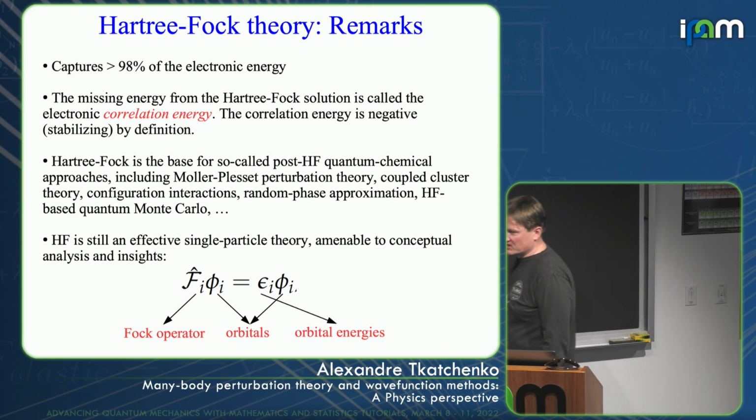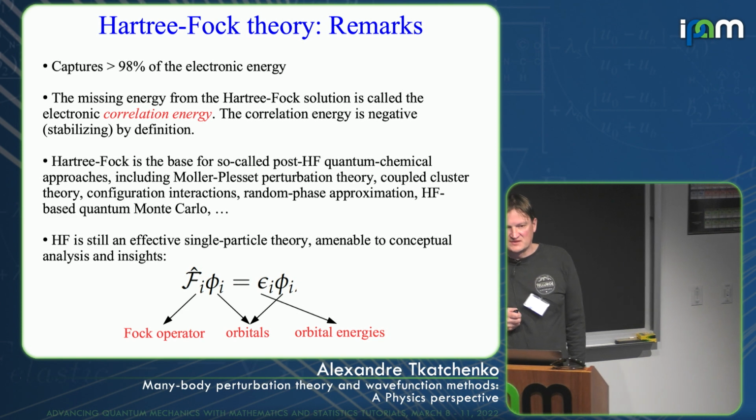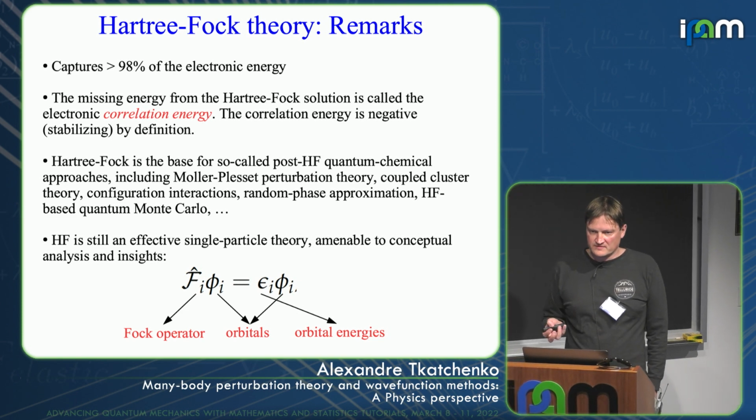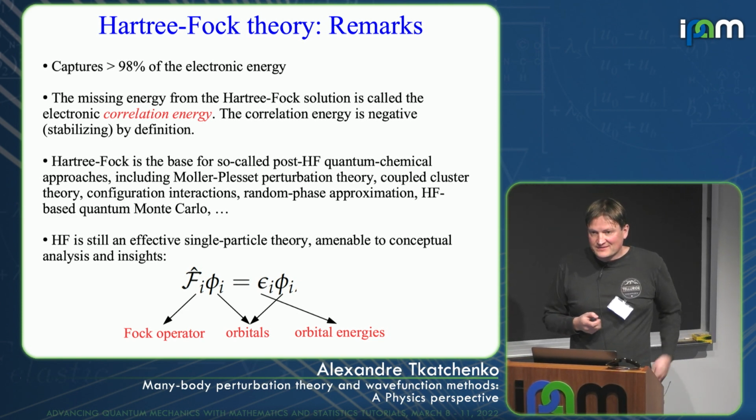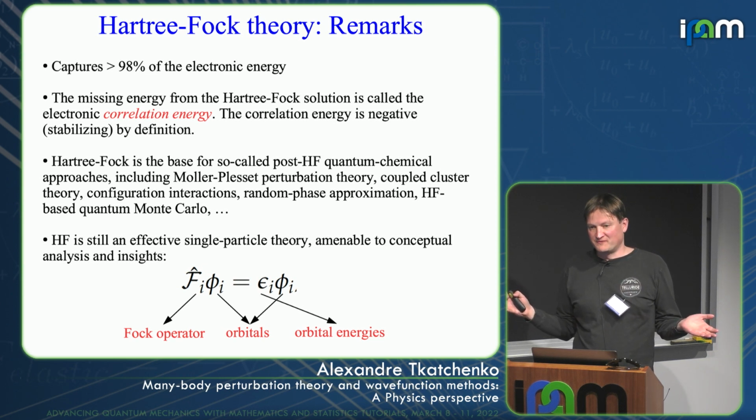Just given perturbative arguments, you would think that the missing 2% is not as important. But if you use Hartree-Fock theory, for example, to compute the binding energy of the argon dimer, it would be unbound. So it would be physically wrong.